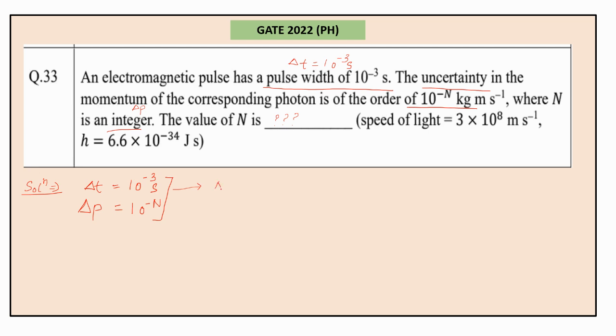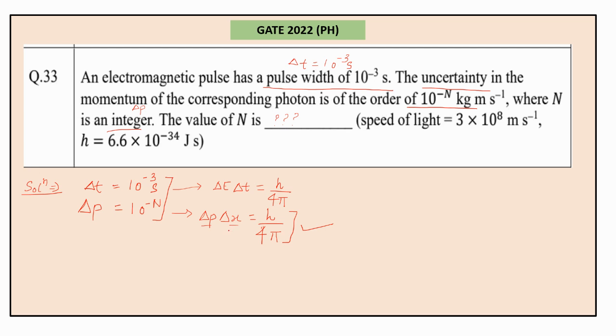One is delta E into delta T is equal to h upon 4 pi, and the other one is the very famous one, delta P delta x is equal to h upon 4 pi, right? It is really impossible to simultaneously measure the position and the momentum of any particle.